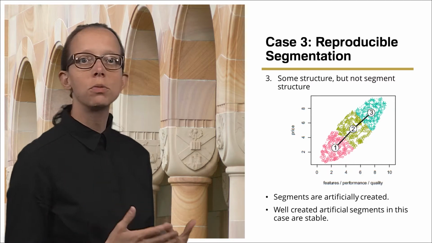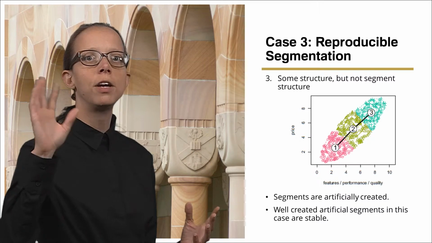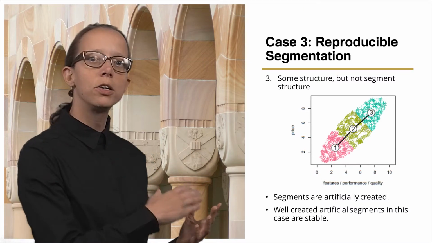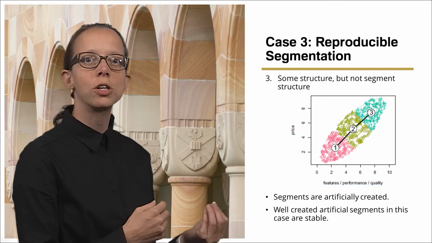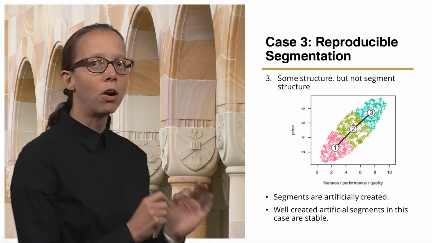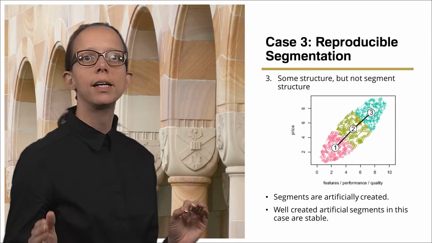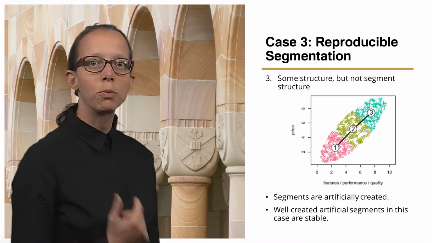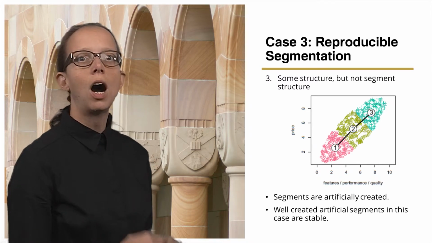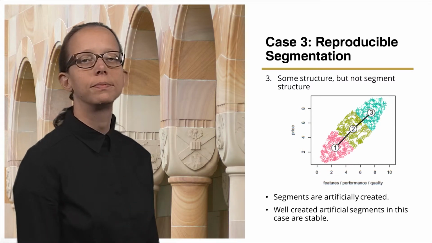Such a segment is not managerially useful because the consumers on the top right end of the segment have very different product requirements than those at the bottom left end. But we can leverage this data structure to extract segments which are artificially created but re-emerge across repeated calculations. So market segments resulting from reproducible segmentation are artificially created but are relatively stable.